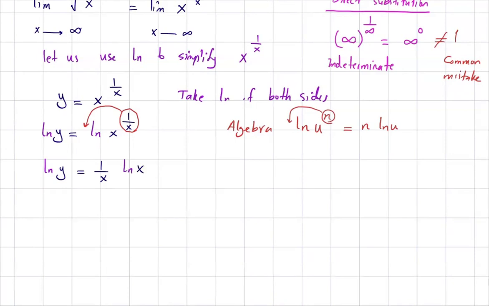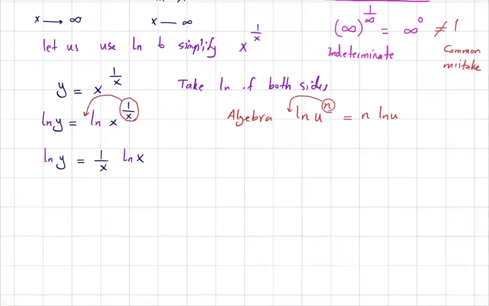Okay, now that you rewrote x to the power 1 over x using ln, what happens if you take the limit? So if you start analyzing this, the limit of ln of y as x goes to infinity is equal to the limit of 1 over x times ln of x as x goes to infinity.